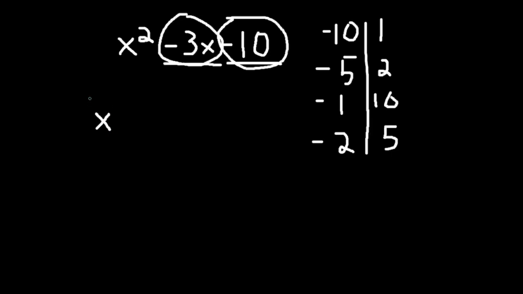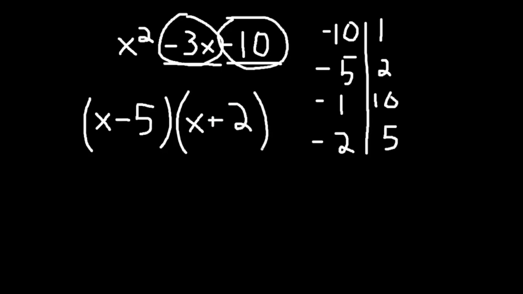We could rewrite it, but instead, we could jump straight to our answer. We know it's a negative 5, so x minus 5 is one group, and the other one is x plus 2. That is literally our answer. That's how easy it is. And if you just keep doing these, this part becomes extremely easy.